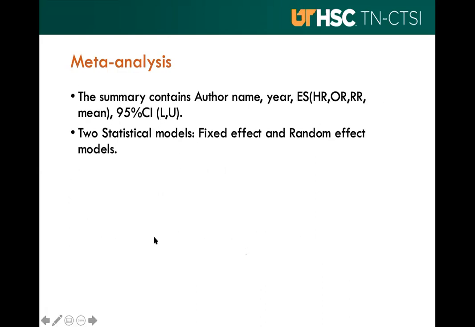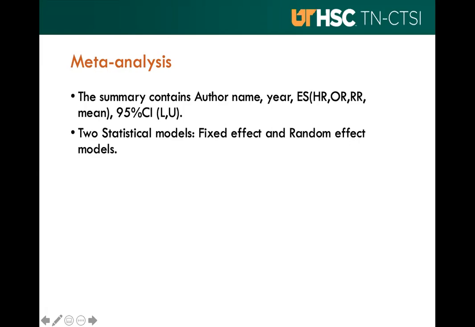So the final meta-analysis includes the summary, the author name, the year of publication, the point estimates, and the 95% confidence intervals of the original studies. And also it contains the weight given to each study based on statistical analysis methods.